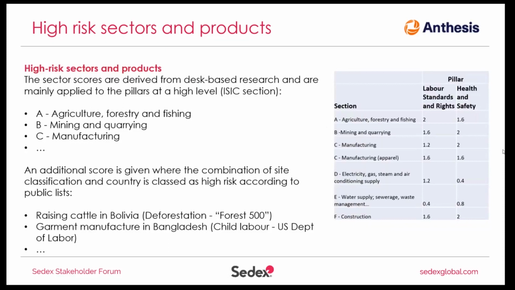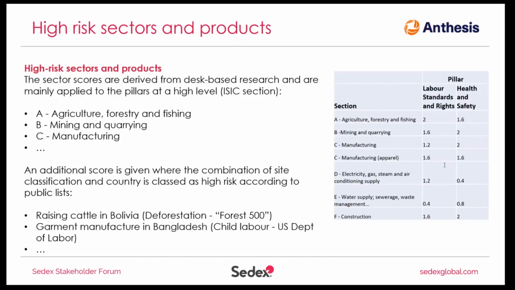For example, producing soy, or timber, or cattle in many Latin American countries is pretty heavily related to deforestation, so that will get a boost in the biodiversity score. And garment manufacturing in Bangladesh, or indeed cotton production in many Asian countries, is associated with either child labour or forced labour, so they will also get an additional score.